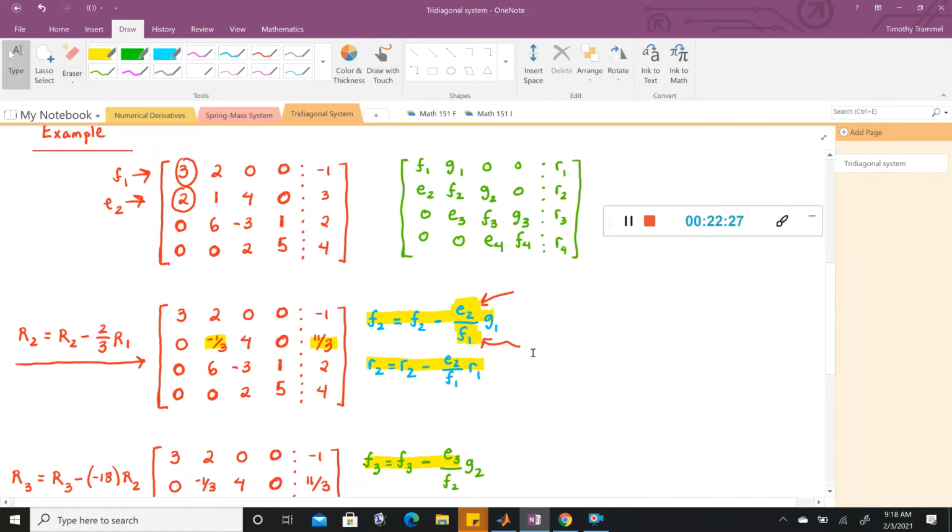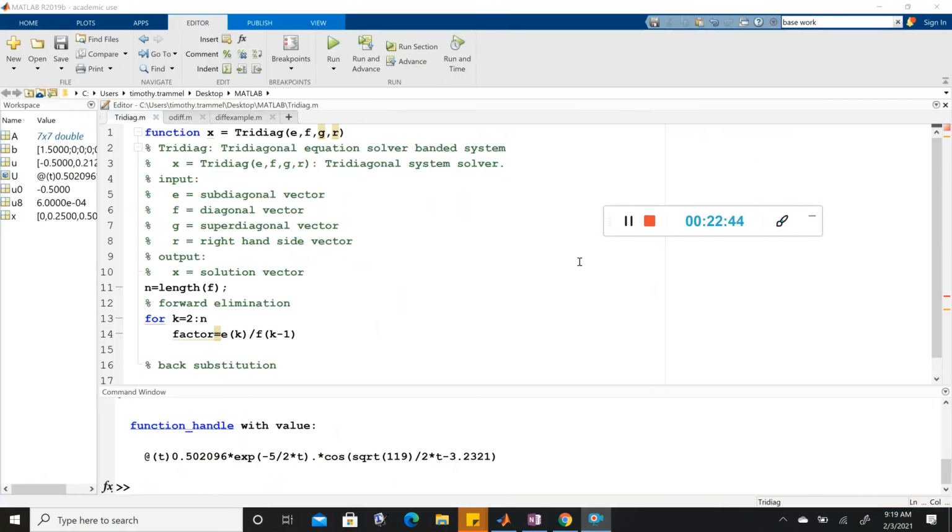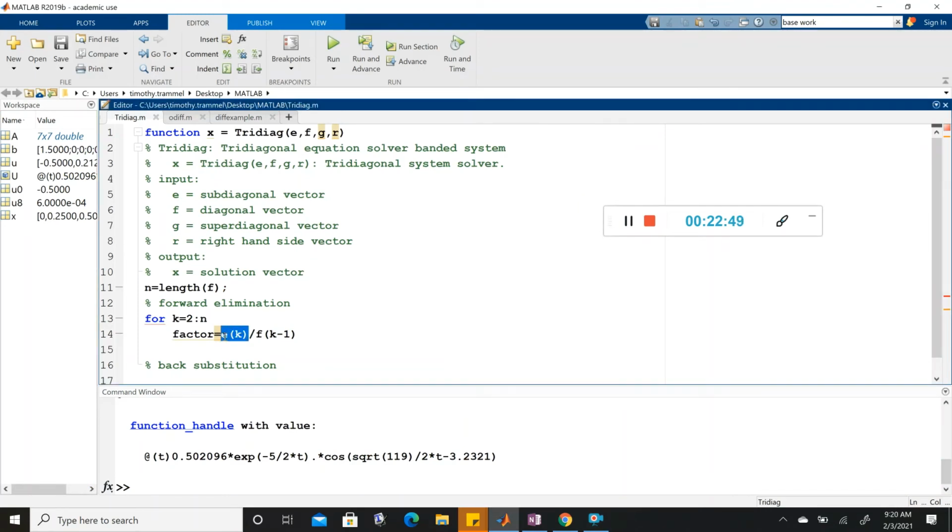Also, probably slightly confusing, you might be asking, why aren't we using E of 2? And the answer is we actually are using E of 2. We're starting at 2 here.